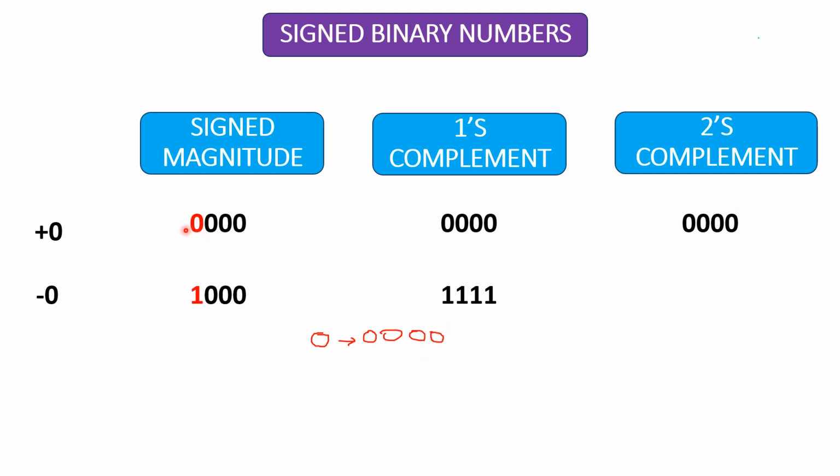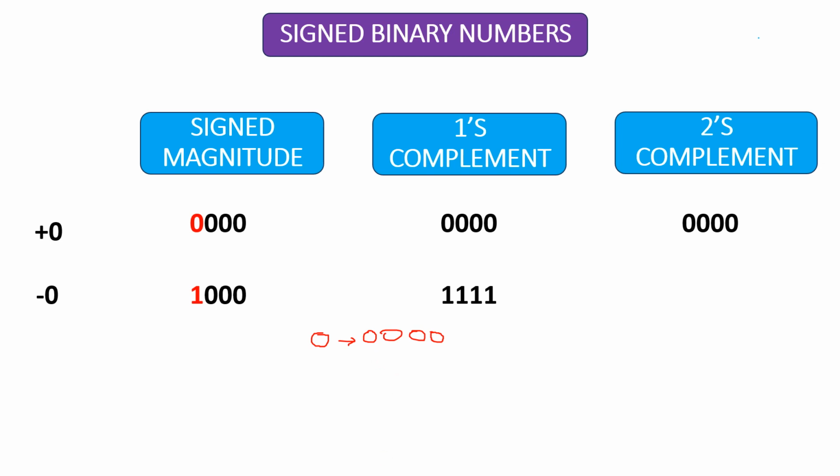So from here you can see that for positive numbers, in all the systems, the binary numbers are the same, and they are equal to the true binary form. And for minus 0 in 2's complement, we have to find the 2's complement of the true binary form number of 0.